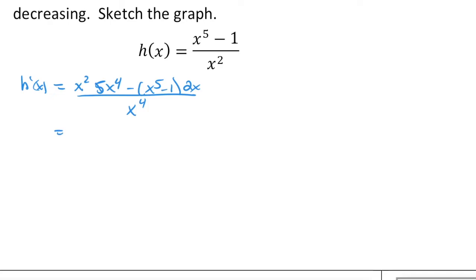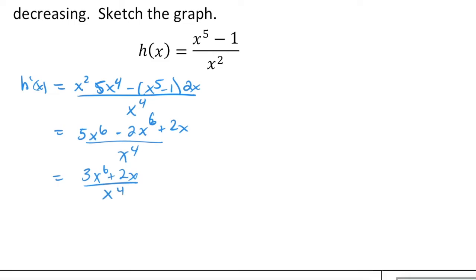We're going to clean it up a little bit. This gives us 5x to the 6th, minus 2x to the 6th, plus 2x, add like terms, and we are going to be left with a nice little 3x to the 6th plus 2x divided by x to the 4th.